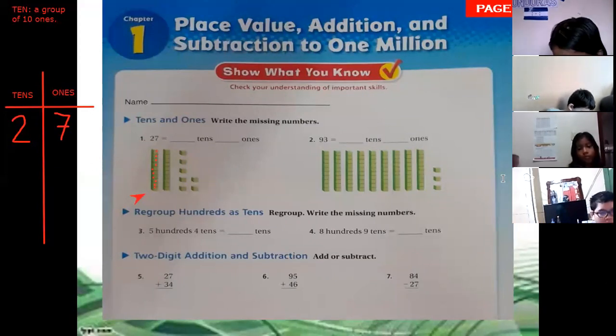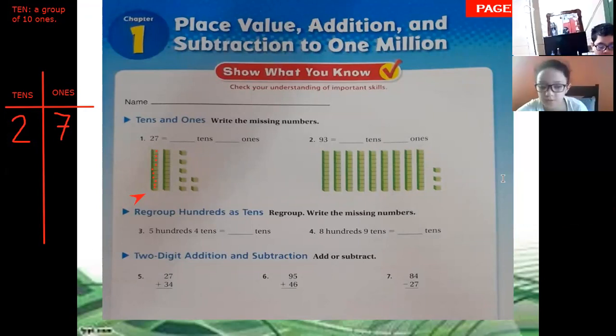How many groups of 10? Twenty groups of 10, you say. If I have 20 groups of 10, so I have 1, 2, 3, 4, 5. You said 20, right?